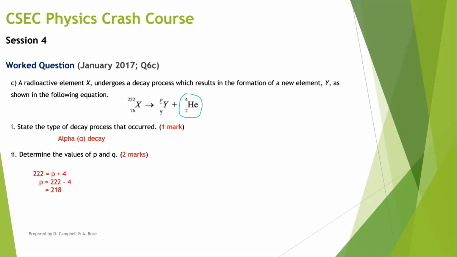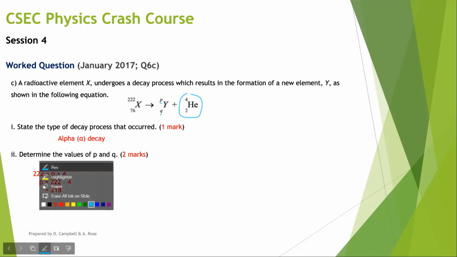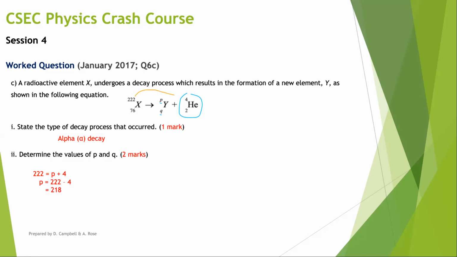And the same thing goes for the charge. So in order to determine the value of P, we notice that whatever P is plus 4 would give us 222. So to find what P is, we simply subtract 4 from 222, and that would give us 218.